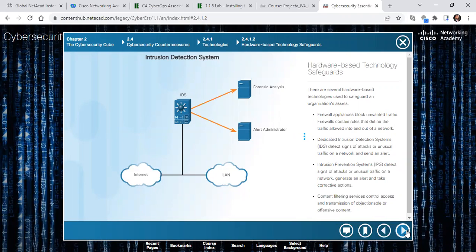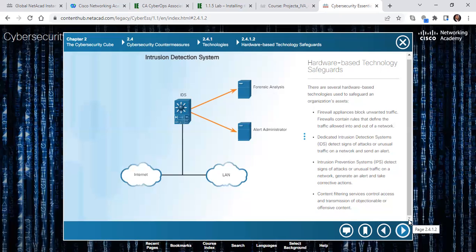So we're talking about hardware-based technology safeguards, okay? Intrusion detection systems. These are devices which organizations actually have. I mentioned this in one of my classes.